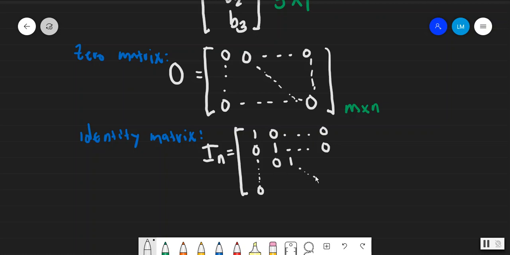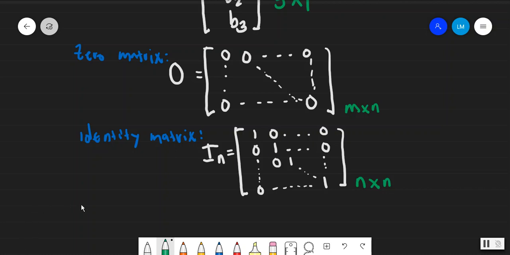And then basically you have a 1, and that's it. Essentially this is just a matrix that has all 1s and 0s. So in this case, we would note that the dimensions would be n by n.